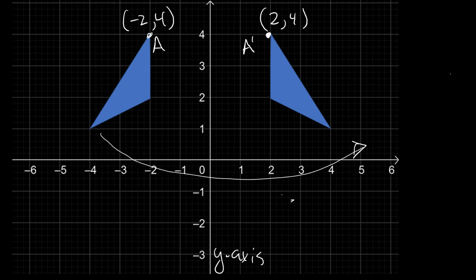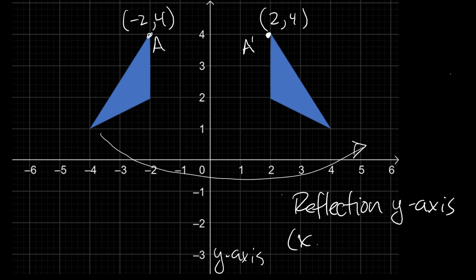Now, if we do that for a lot, we get to where we observe the following relationship. If we are going to do a reflection across the y-axis, it appears that any xy point we have will simply become the opposite x value, and y will stay the same.